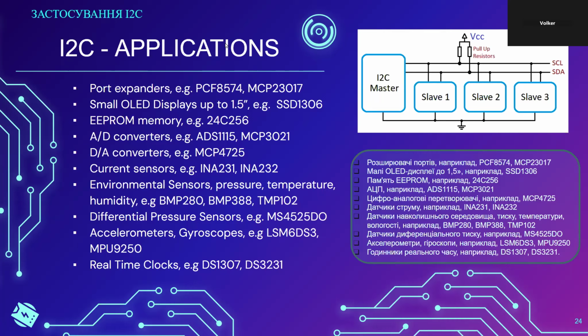Similar thing with accelerometers and gyroscopes. Semiconductor gyroscopes, of course. These two are also very popular examples where you will find breakout boards on AliExpress everywhere. The MPU 9250, there is an MPU 6050.